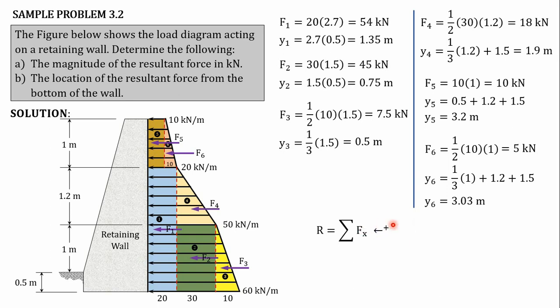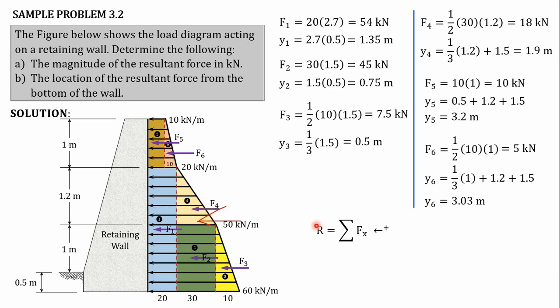Assume na lang tayo class kasi yung resultant force natin is going to the left. We can simply say that yung resultant force natin is talagang going to the left yan, hindi mag-going to the right yan, kasi yung distribution ng loading natin class is to the left.